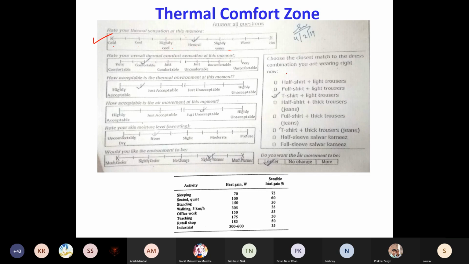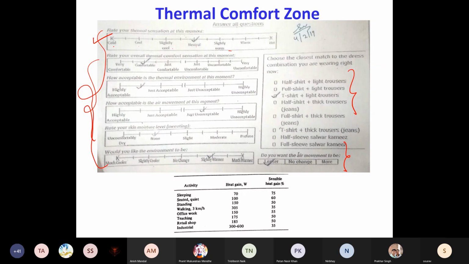What kind of information they collect other than the thermal comfort is what kind of dress you are wearing. They also collect information on whether you would feel more comfortable if you increase the air movement, so air velocity is also an important factor. This is the survey form as recommended by ASHRAE, and based on this, they have collected a huge amount of data and created that zone of thermal comfort region.